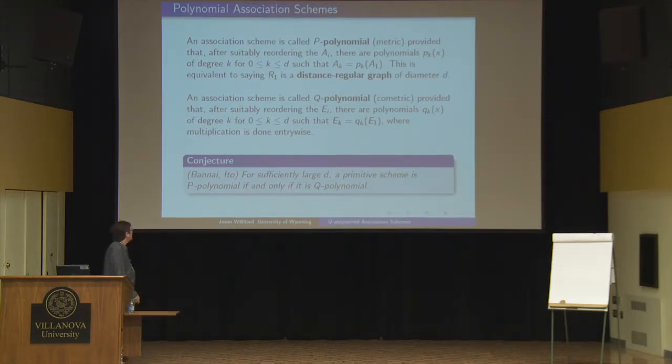It's hard to say. I for a while was convinced of this, but later I'll mention why I'm not so sure if this is true or not. The primitive is actually needed here. There are, albeit not many, examples where there is an imprimitive scheme with d going to infinity, but it's, say, Q but not P, or P but not Q.